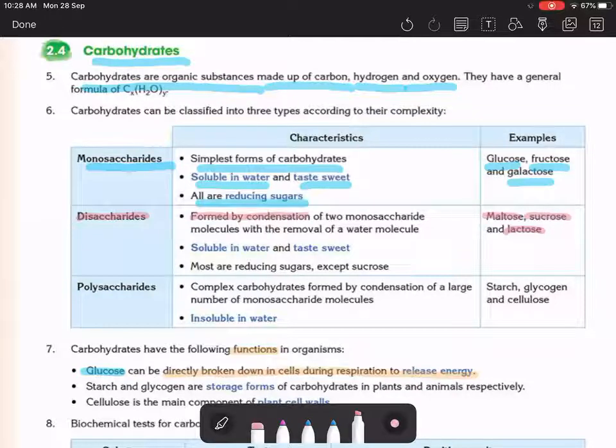Condense 2 monosaccharides together, and 1 water molecule is released. They are sugars, of course soluble in water, and taste sweet. Wow. Note this point. Unlike monosaccharides, most are reducing sugars, except sucrose.